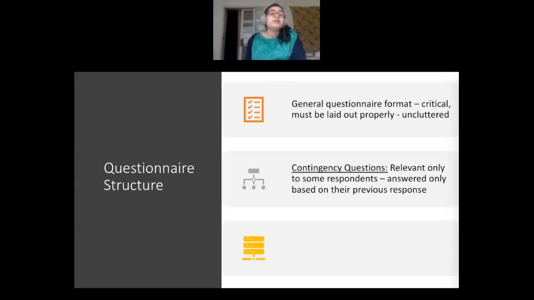And then another way to format a questionnaire and its structure, that you can do via paper but is a little bit easier to do via the internet, is to have contingency questions.